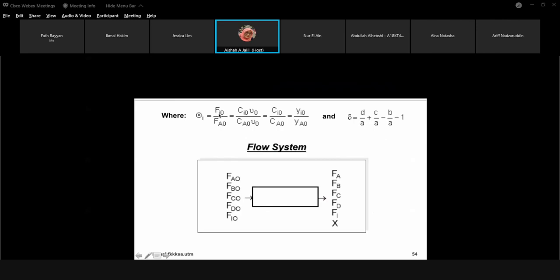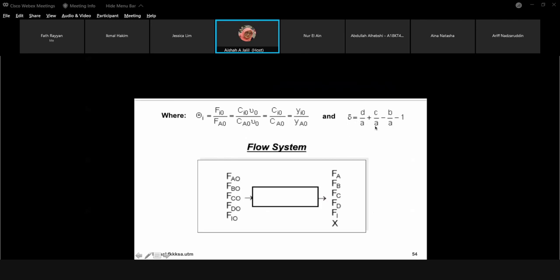This is species i. So F is equal to C times the volumetric flow rate, so you can get it from C and from mole fraction.